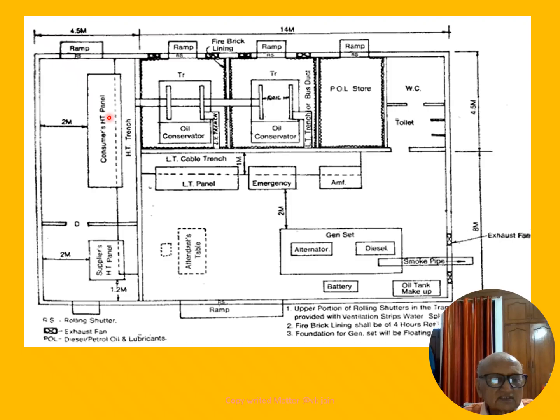So this entire length will be 2.4 meters. Now we come to the transformer room. Transformer rooms for transformers of 11 kV and above have to be separately provided for each transformer if they are inside.